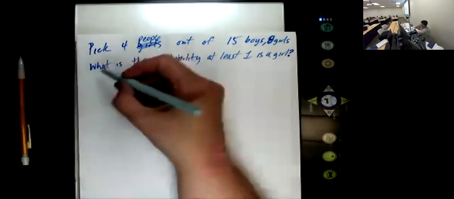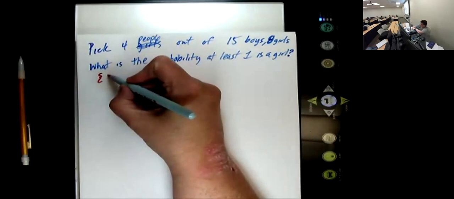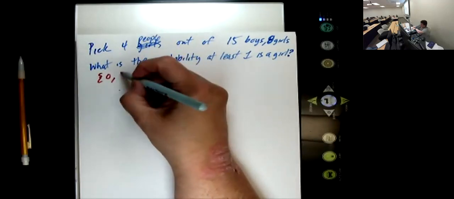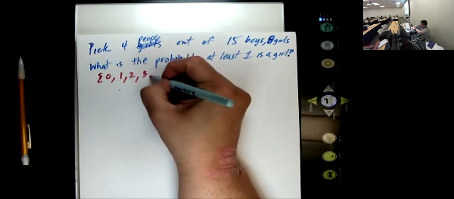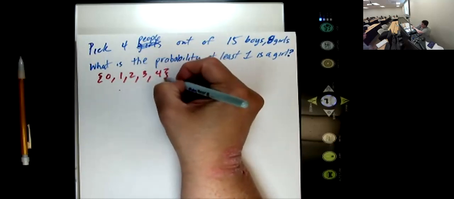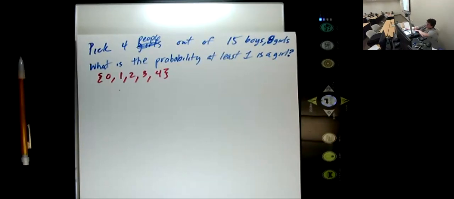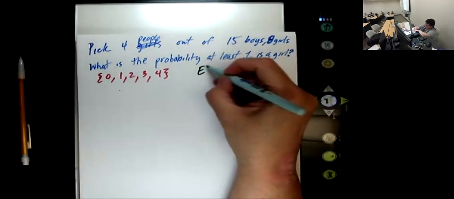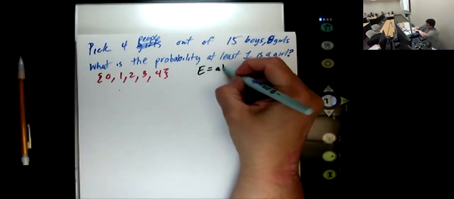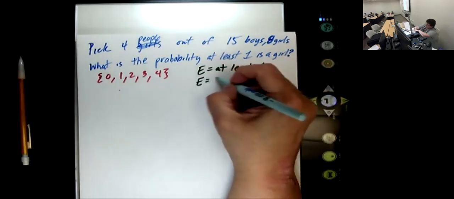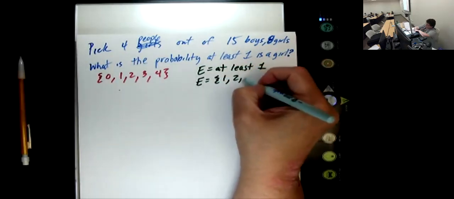So the number of different outcomes in our sample set, we can pick 0 girls, 1 girl, 2 girls, 3 girls, or 4 girls. And we're going to call event E picking at least 1. So E is comprised of 1, 2, 3, or 4.